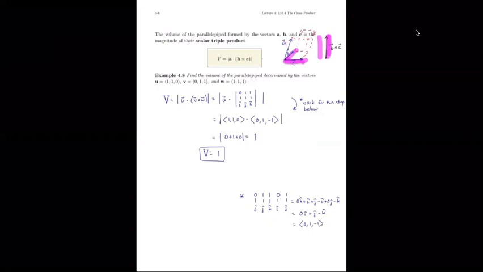There's a little bit more to the proof of that, or to the argument of why that's the volume of this thing, but without going into too many details, we can just leave this alone for now.